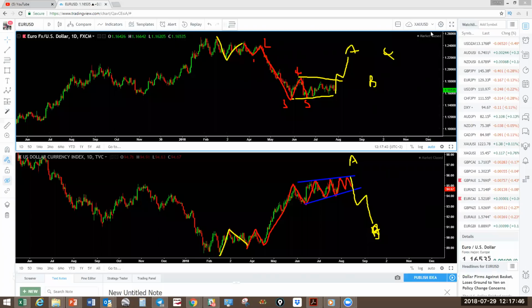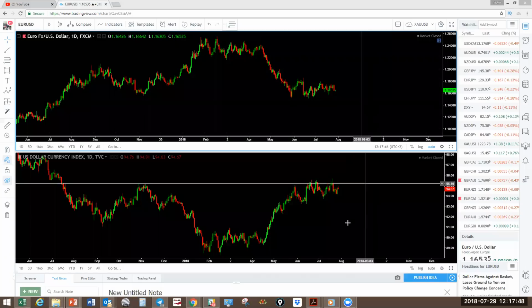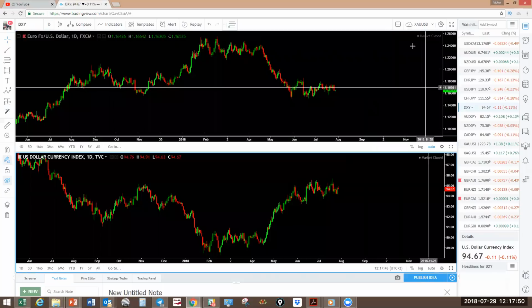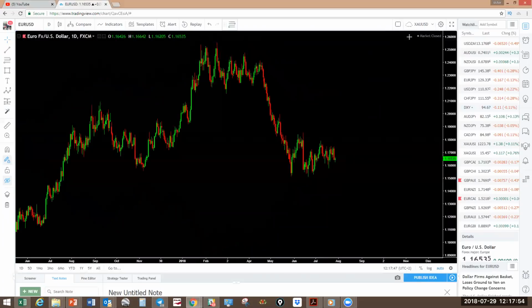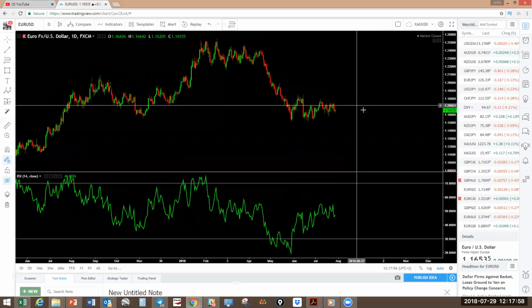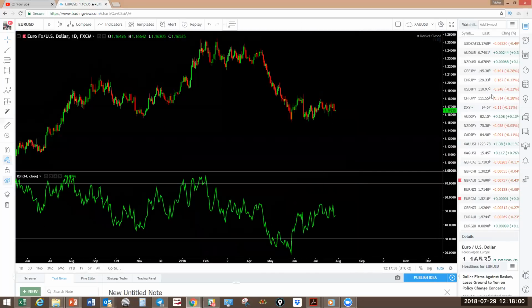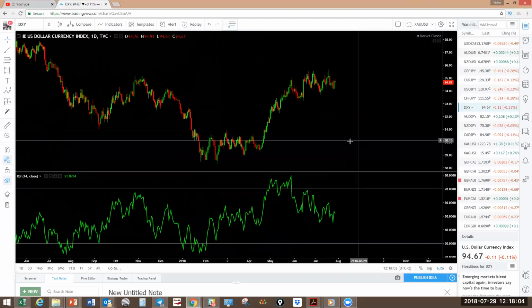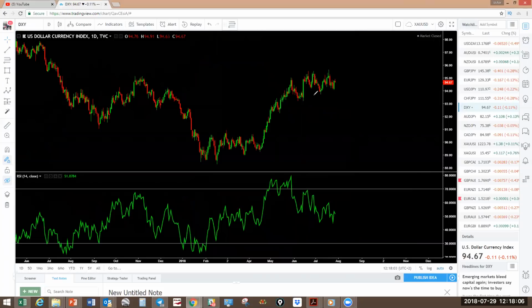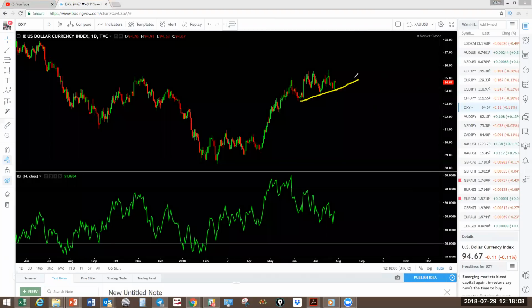So now, very interesting. If you look at these two pairs, today I'm going to go into DXY alone. Let's go into the DXY chart and look at something that is very interesting on the DXY. Okay, so let's look at the DXY on the daily. If this is an ending diagonal, that means this is your wave 4, this is your wave 3, and we are building a wave 5.